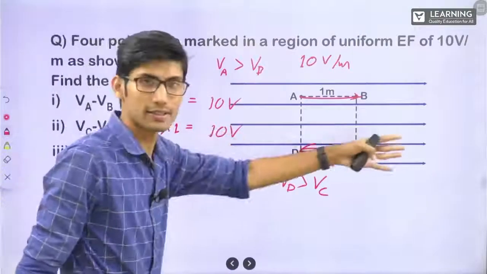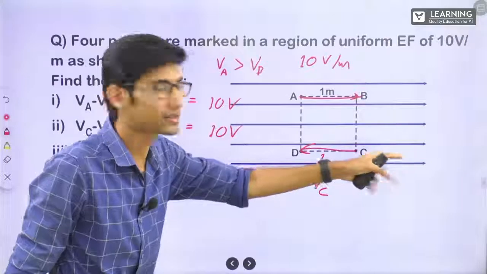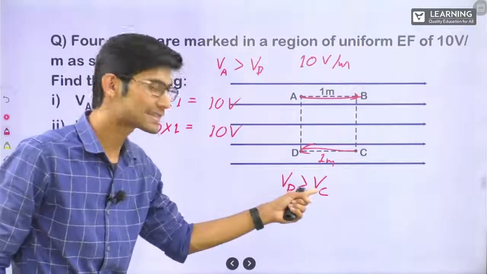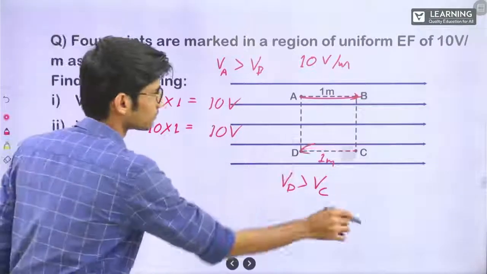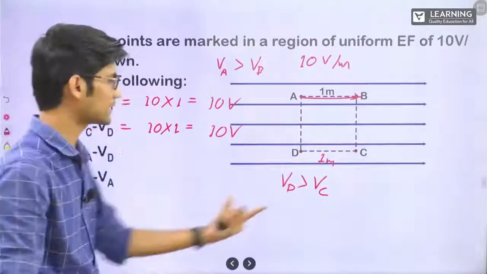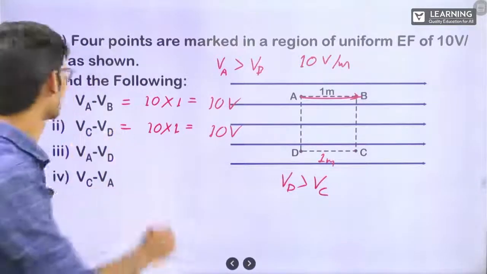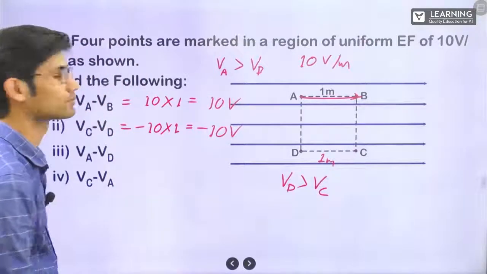On moving towards electric field, potential decreases. That means VC will be less than VD, right? If VC is less than VD, what will be VC minus VD? Minus. A minus sign has to come here. Minus 10 volt. Clear?